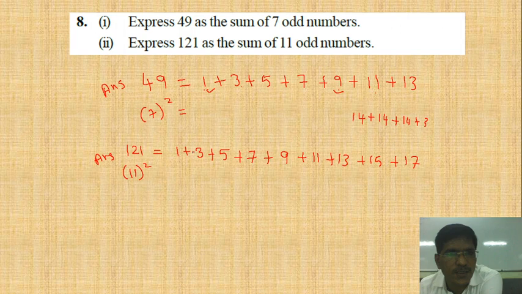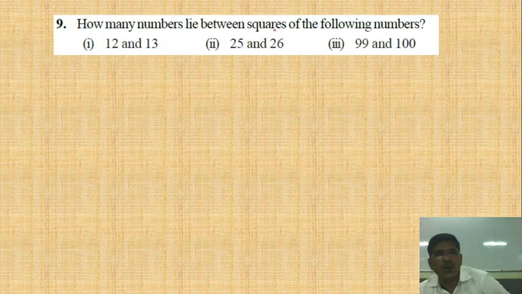Now last, how many terms lie between the squares? Already we have a formula, 2n. The formula is like that: between n square and n plus 1 whole square, the answer is 2n. So 12 square and 12 plus 1 square.